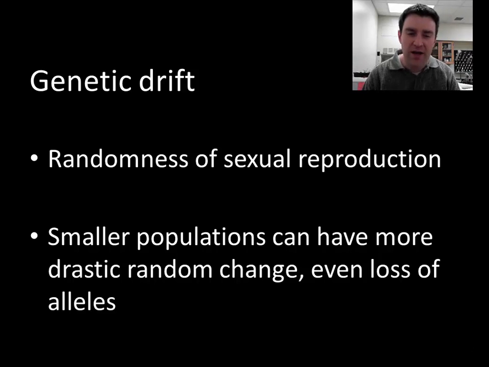Something I want you to show in a lab activity coming up is that the smaller a population is, the greater the random change due to genetic drift. A smaller sample size has more of a risk of having events due to random chance than a bigger sample size. Something else you'll want to see is that genetic drift might even cause entire alleles to be lost if there's a drastic enough random event.